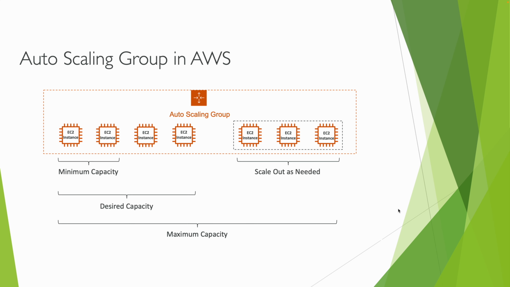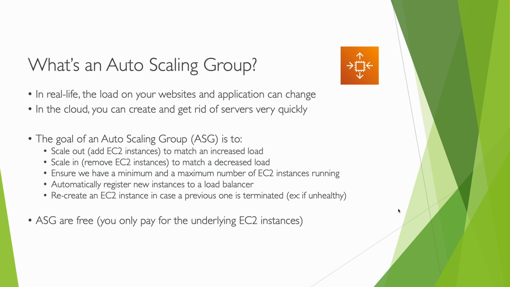Before going to that, we'll see what auto scaling groups are. In real life, as we know, the load of websites and applications can change, and may vary based on various parameters. The load of the website may not be the same all the time, so it may increase or it may decrease.